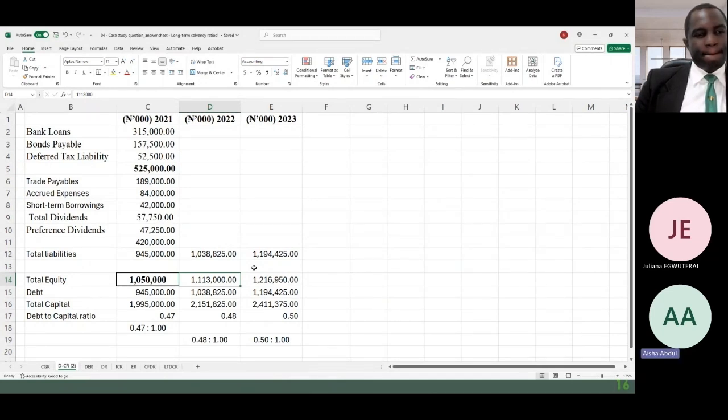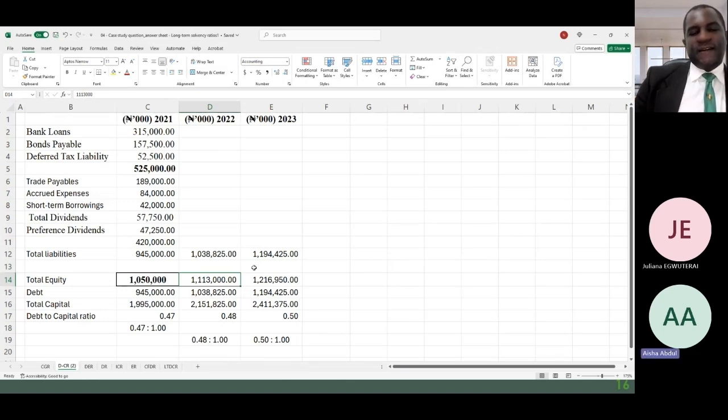The 50% now shows that their ownership and obligations are at par. Exactly. And then the 47% shows that they have 47% ownership or 47% obligation? I'm trying to get that. Yes, 47% obligation for 2021, 48% obligation for 2022, and 50% obligation for 2023.